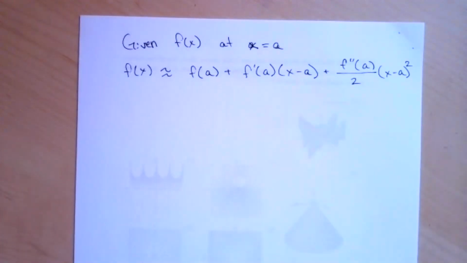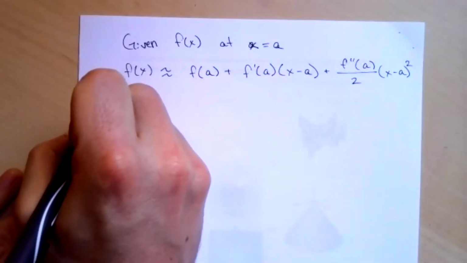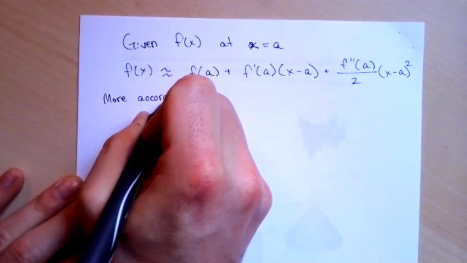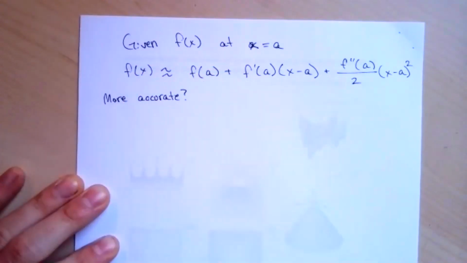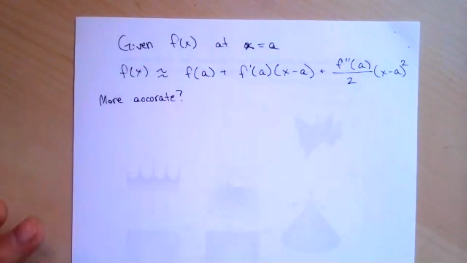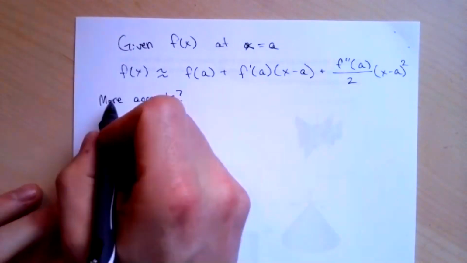And so, of course, the natural question to build from here is, well, what if we want to get even more accurate? What if we wanted to get infinitely accurate? What if I wanted an infinite polynomial, in other words, a series, to represent our function?